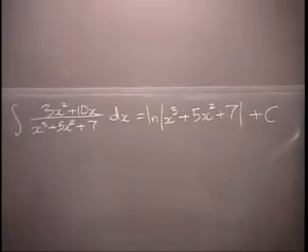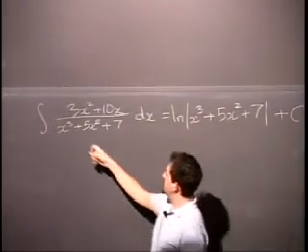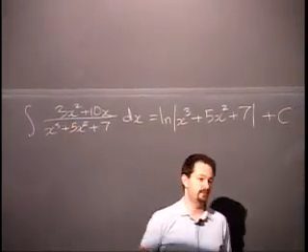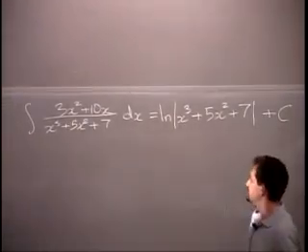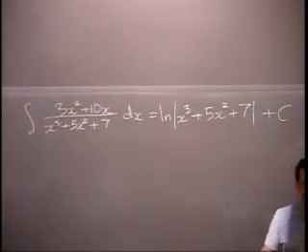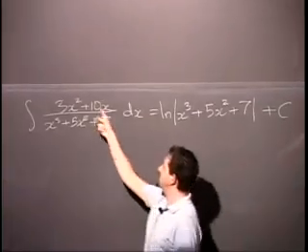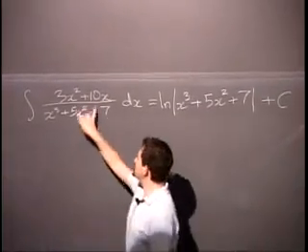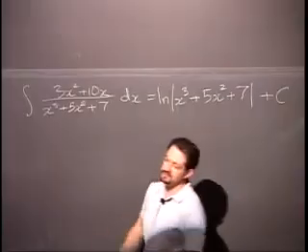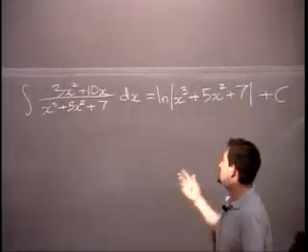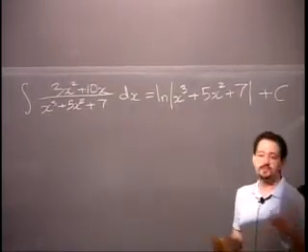This would also be true if I had a multiple of the derivative on the top. But that's a sort of miracle in a way. If I change the 10x, for example, to 9x, or change these coefficients any way other than multiplying them by, say, 2 or a half or some constant number, then this wouldn't work.